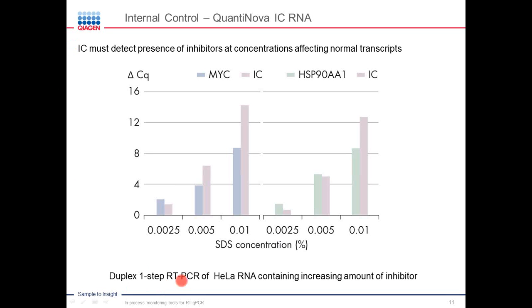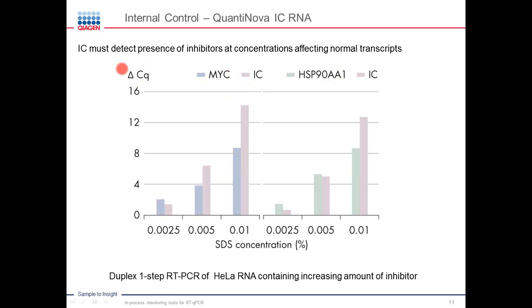And here is a data set where we did a duplex one-step RT-PCR of RNA where we spiked different amounts of, in this case, SDS into our reaction, and SDS indeed functions as an inhibitor. We can see that the internal control, the pink bars, behaves pretty similarly to the various target genes we have been using, indicated by the blue bars.